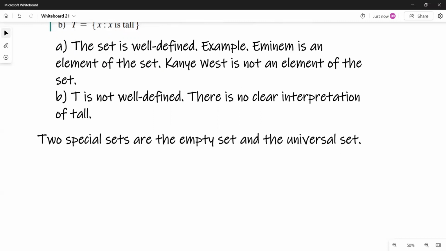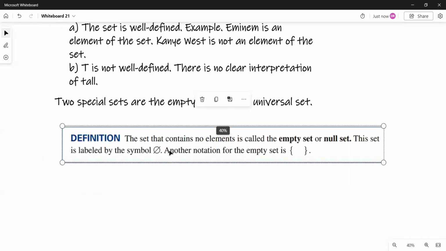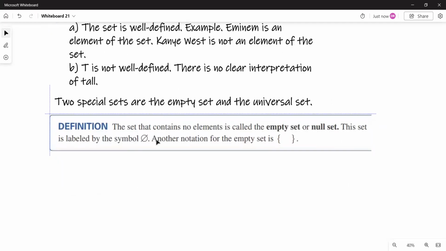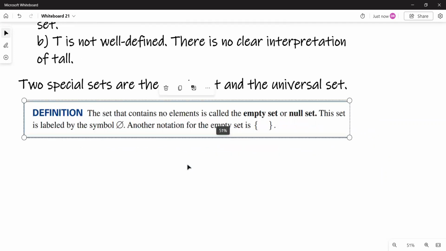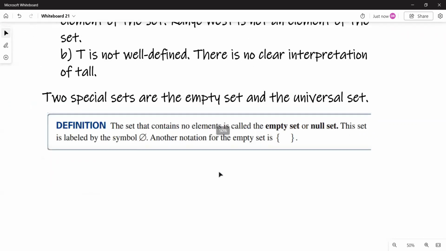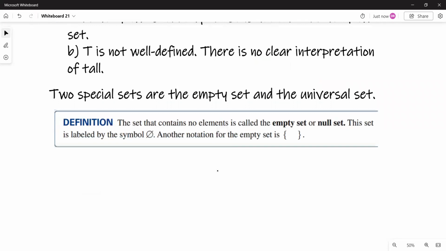This is page 46. The set that contains no elements is called the empty set or the null set.